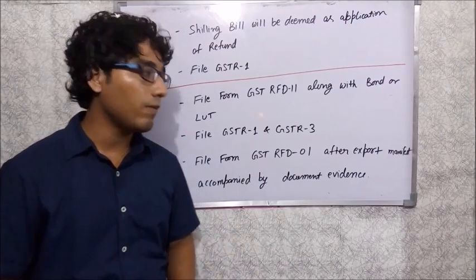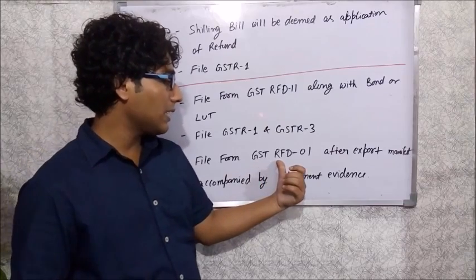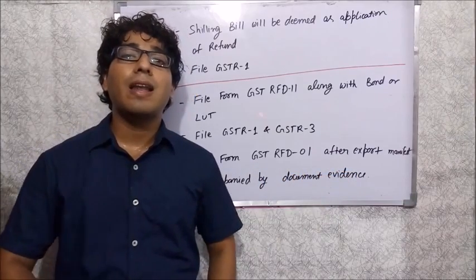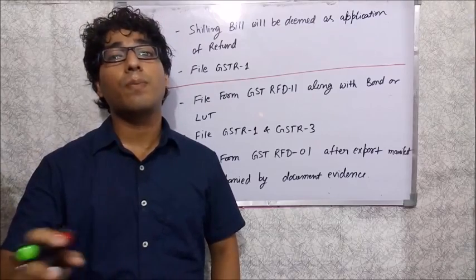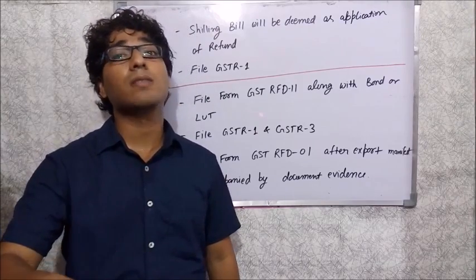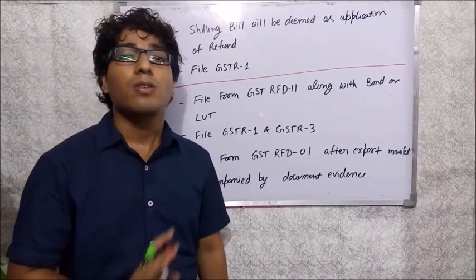So in that case you have to first fill out the form GST RFD 01, and that form can be filed only after the person in charge of conveyance has filed the export manifest or the export report under the Customs Act.